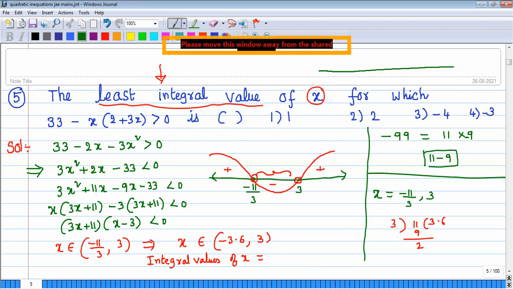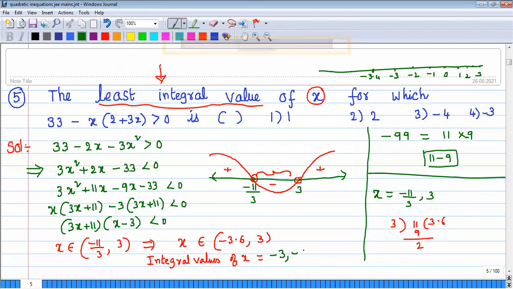On the number line, you will be getting like this: -3.6, after that -3, -2, -1, 0, 1, 2, 3. That means the integral values you shall get are -3, -2, -1, 0, 1, 2, 3.